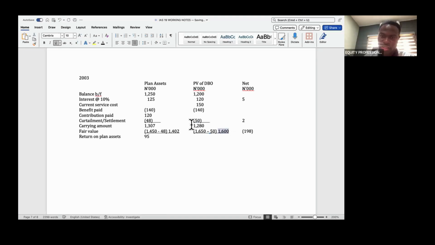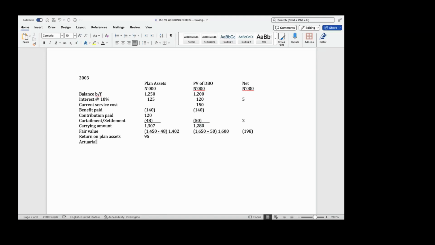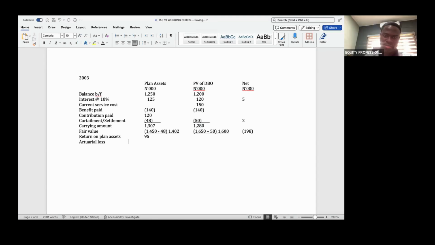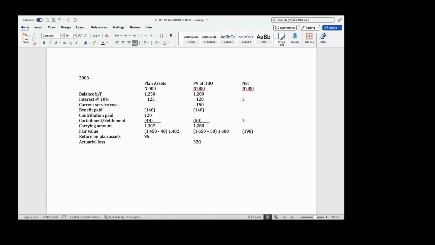The obligation at the end is higher than the obligation in our books. Is that a loss or a gain? It's a loss. Who can tell me why it's a loss? The balance at fair value is higher than the one at carrying amount.